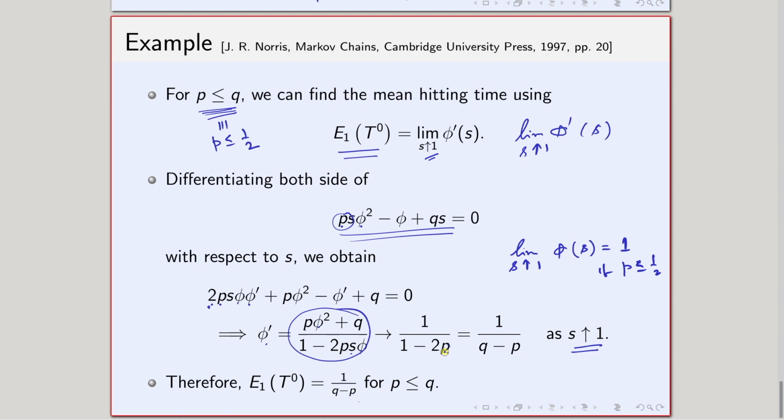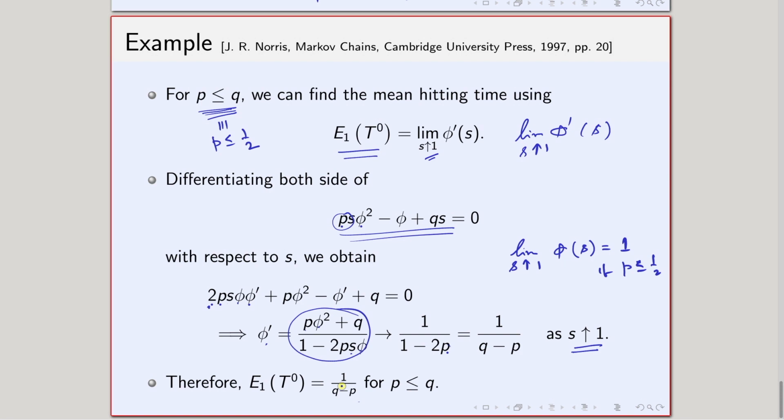On the other hand, if p is close to half, then this expectation will be large, and in fact when p is equal to half, this expectation is infinity. So that means if the difference between p and q increases, that expectation actually decreases.